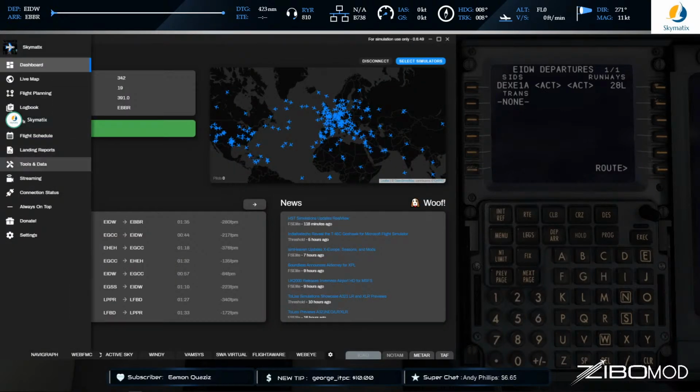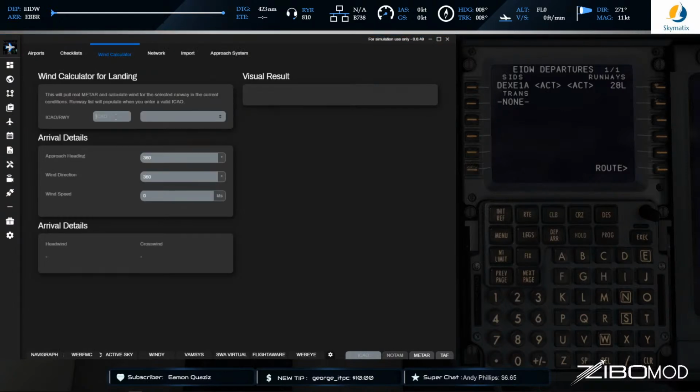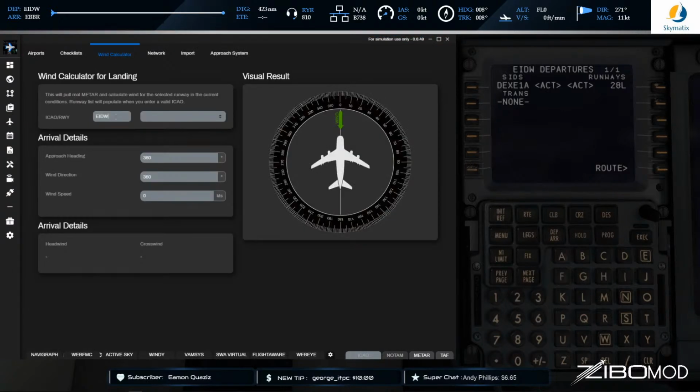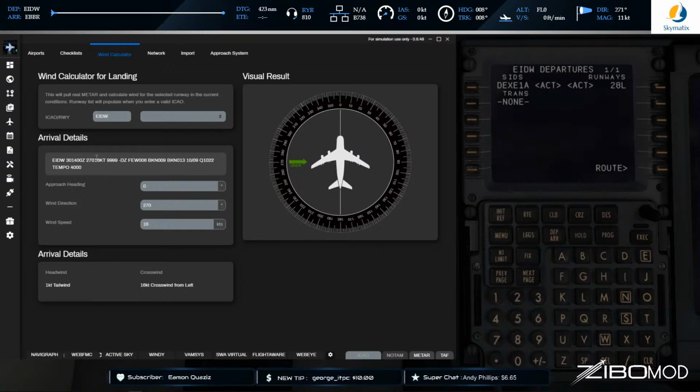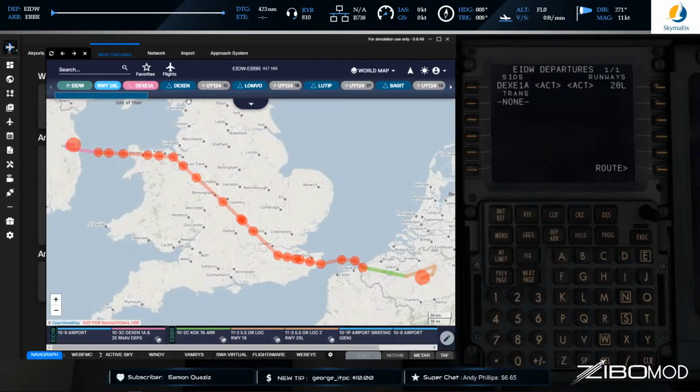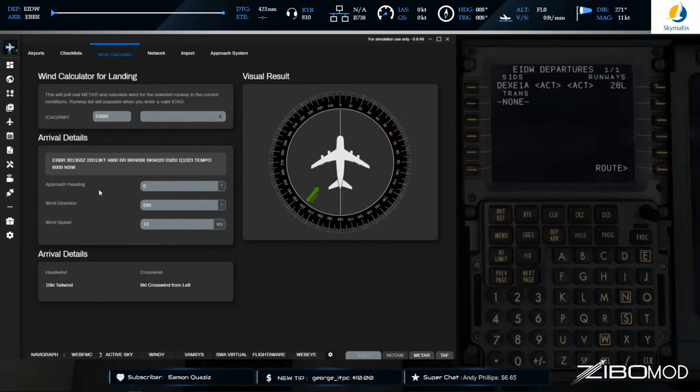Let's actually do it properly, eh? D70 at 16. Woohoo! And 25 left. Okay. 25 left. Yeah, same as this morning.